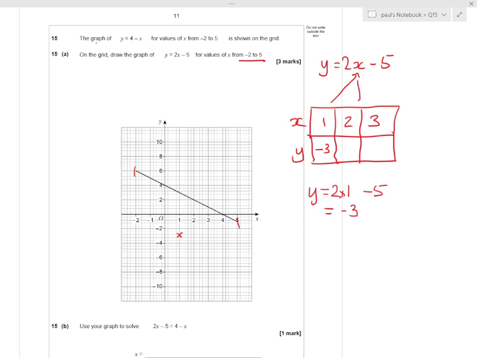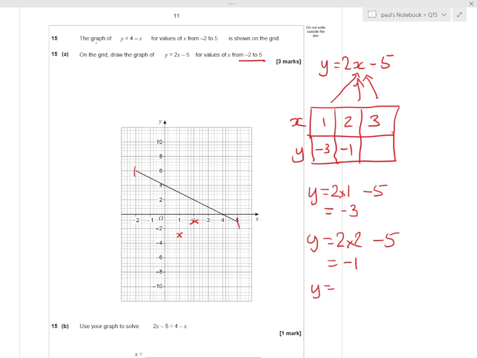So let's put 2 in there. So y equals 2 times 2 minus 5, which is 4 minus 5, which is -1. So we're going to go 2, -1, which is about there. Yeah. And for the third one, we're going to put 3 in place of the x.